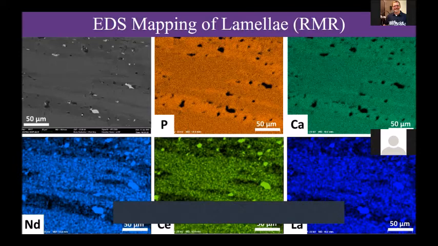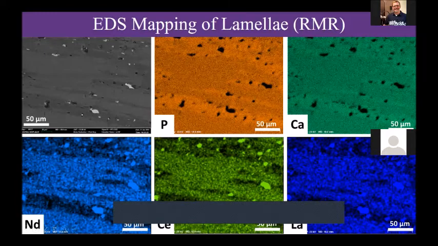So here we have EDS maps of phosphorus and calcium as two of the main constituents of apatite, as well as various REEs. So if we look at the darker intensity lamellae here, that corresponds to this in the phosphorus, here in the calcium, here in neodymium, going forward with cerium and lanthanum.